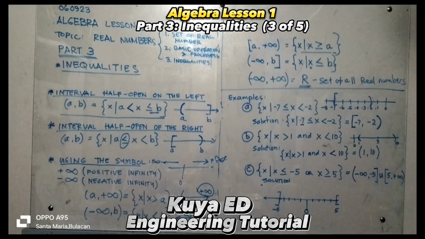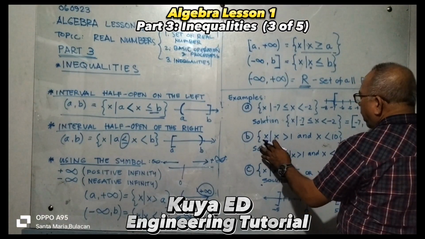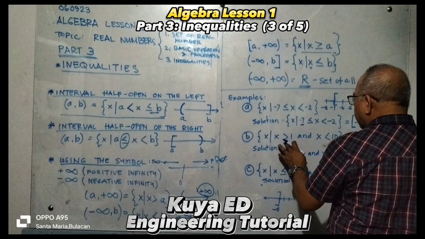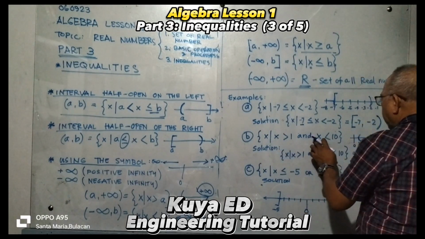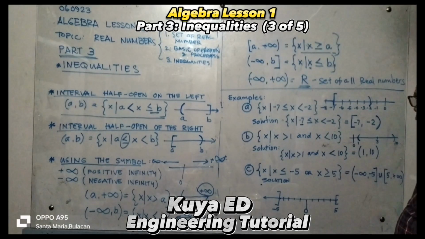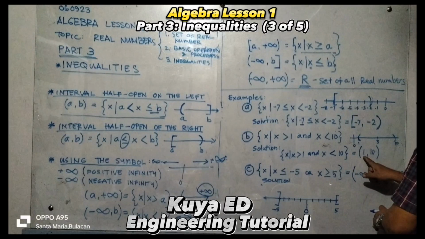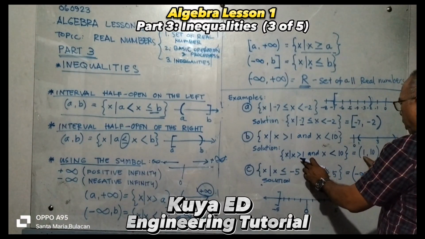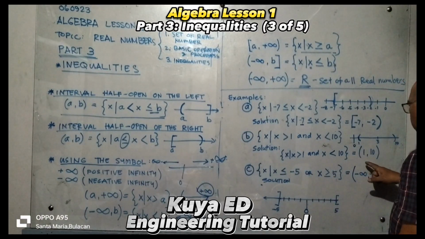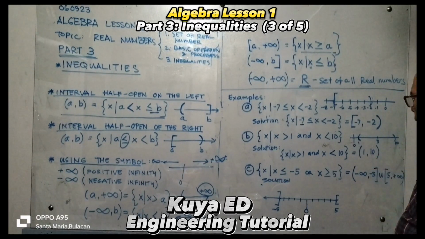So, next example, we have set here of X such that X is greater than 1 and X is less than 10. So the solution on this is we have 1 and then we have 10. No?